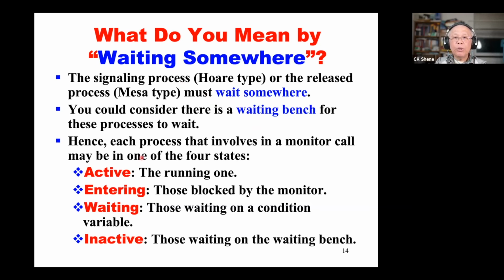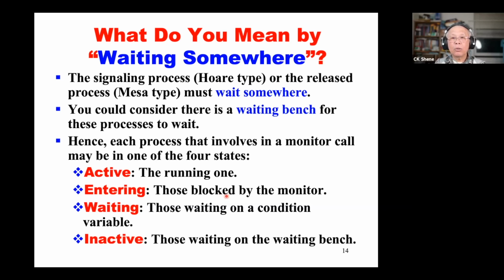So each process that is involved in the monitor call may be in one of these four states. The first one is active, and this is obvious, the one executing in a monitor. The second one is entering. A process is in the entering state if it's blocked by the monitor.